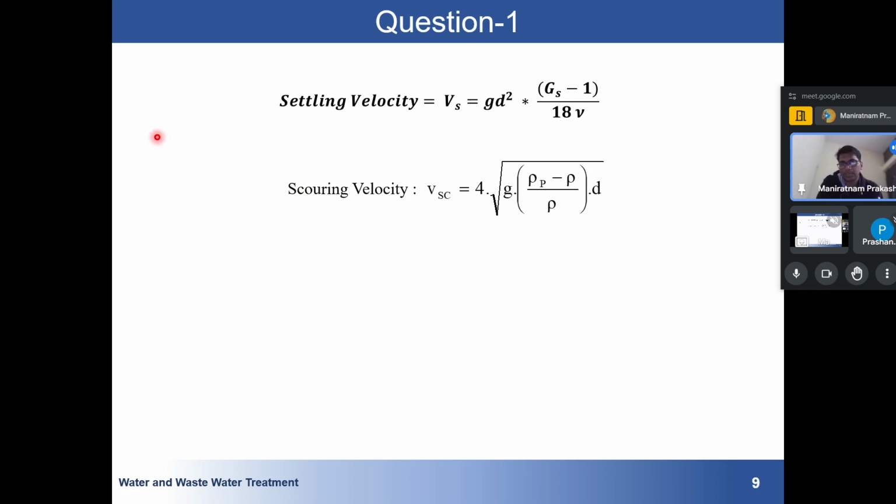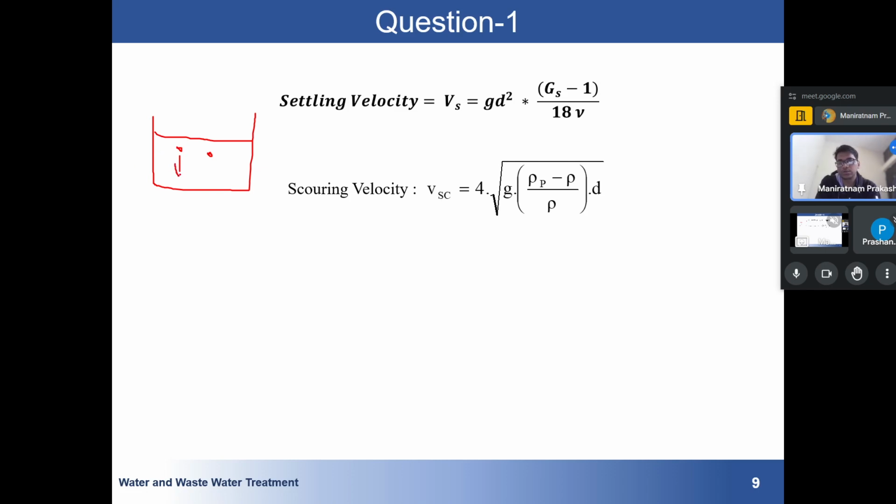I hope this time I am able to draw it properly. Consider this is your settling tank, and the water is up till here. There is one particle here, and another particle here, which also has a tendency to go this side.